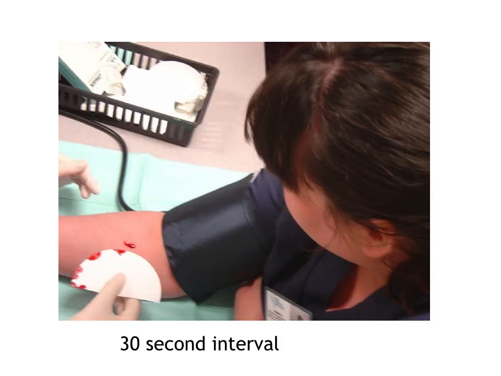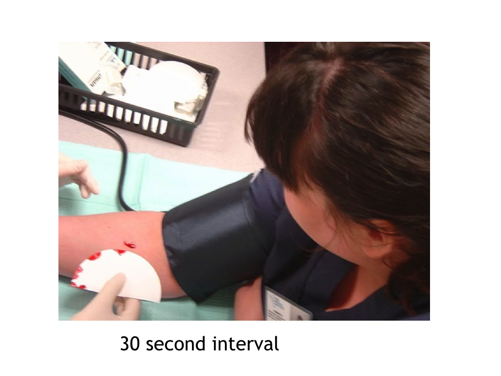This is the setup. You apply a BP cuff and apply pressure on it, and then you create a wound. On the volar aspect, you need a filter paper when doing bleeding time. You start timing the moment the blood comes out, and then for every 30-second interval, you blot the blood on a filter paper.